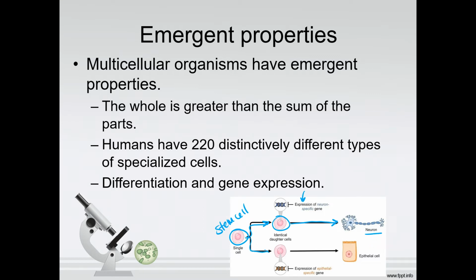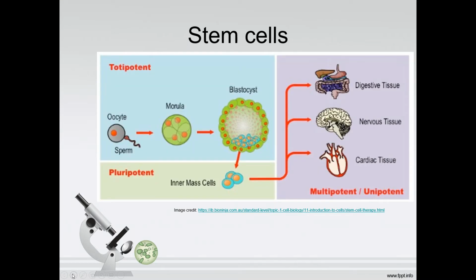I could take a different daughter cell from that same stem cell, and in it, I could express or turn on epithelial cells, and I could have the inside of a small intestine, or the inside of my nose, or the inside of my esophagus. And so we can turn on, turn off different kinds of genes in order to get different kinds of cells from our stem cells. Stem cells are amazing, my friends.